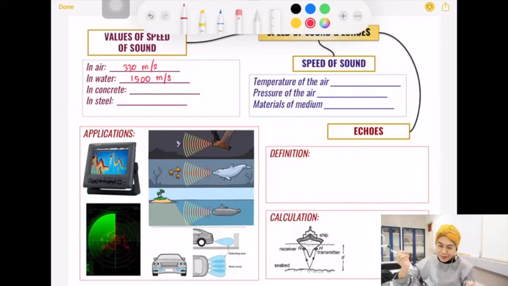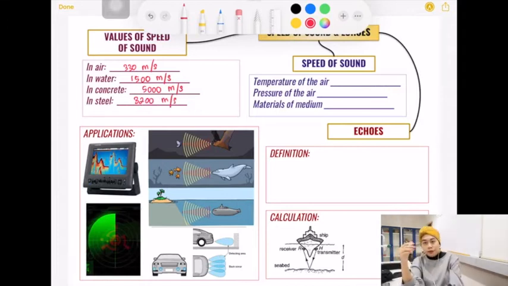Concrete is around 5,000, steel roughly 3,200. If you look at it, you can see that in gas, sound travels slower, in liquid it travels at a medium speed, and in solid it travels faster. So that's just how sound is. It's quite different if you compare to light and its optical density or refractive index, right?